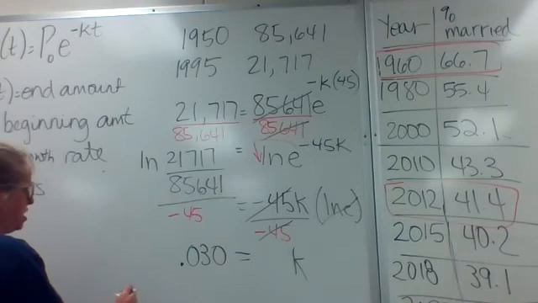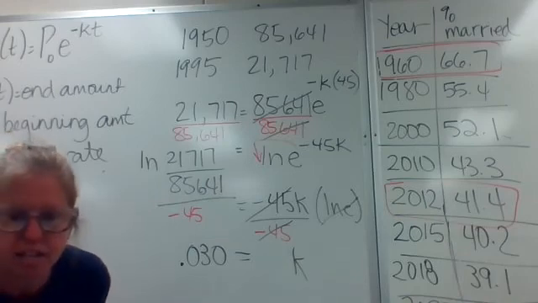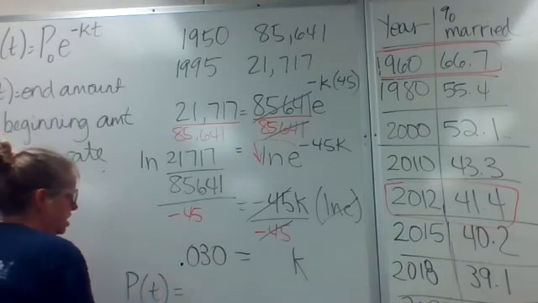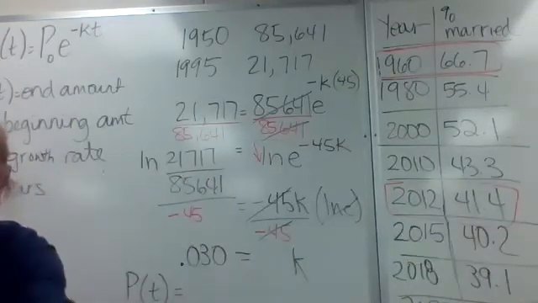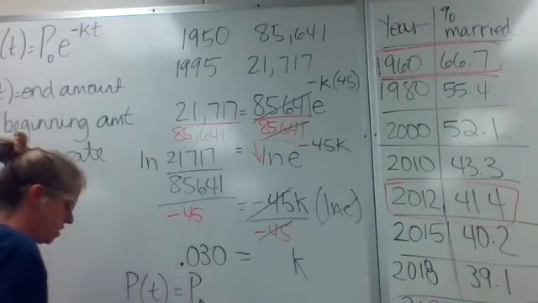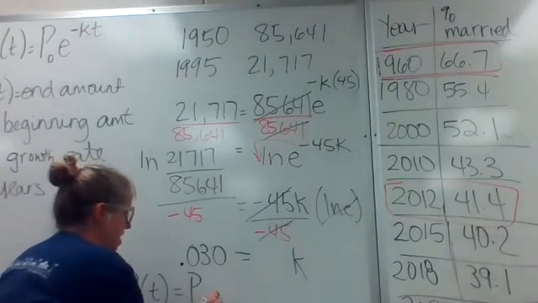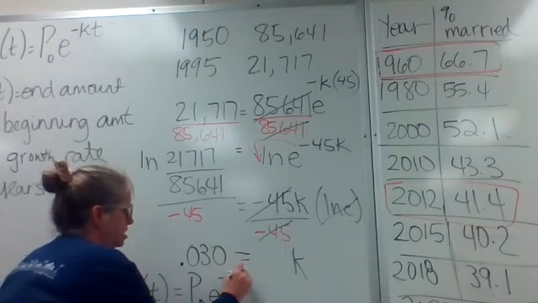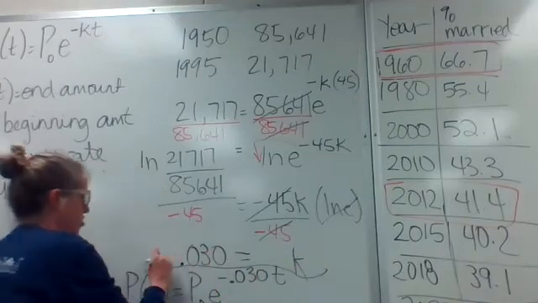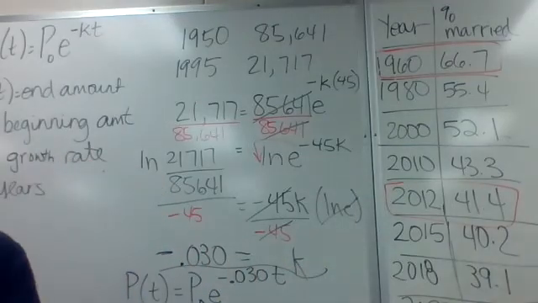So your formula is going to be P of T equals P of 0 e to the negative 0.030 t. So you're going to choose the K that says negative 0.030, and then the formula is just putting it in the K position.